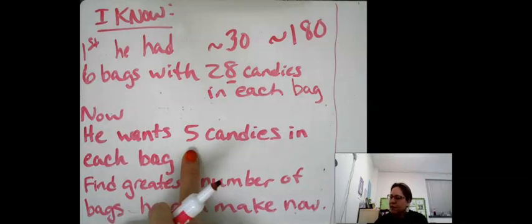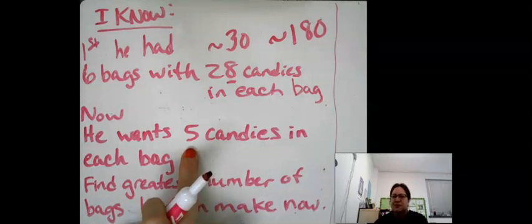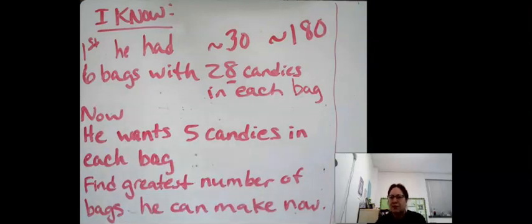and he's wanting to put 5 candies in each of the new bags. Okay, well, 180 divided by 5 is going to be my estimate.